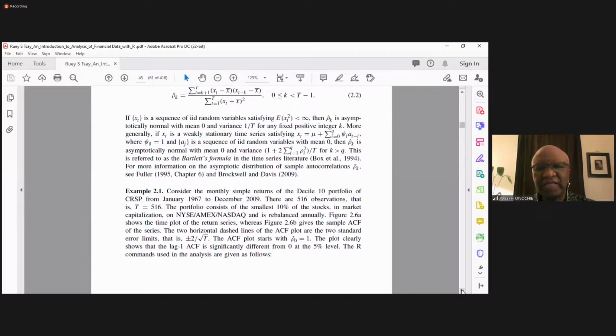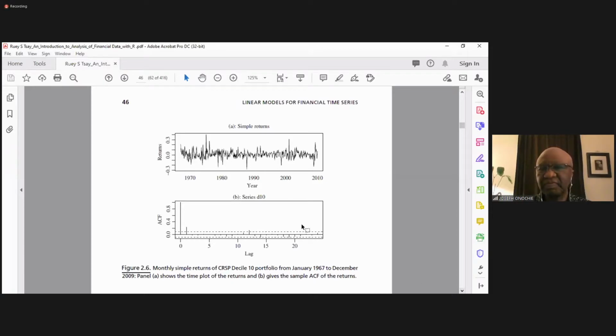All right, so this is an example. In your book, beginning on page 45, is an example where it gives you a series of returns and plots the returns. So these are the returns, okay? And then we calculate the autocorrelation at each lag.